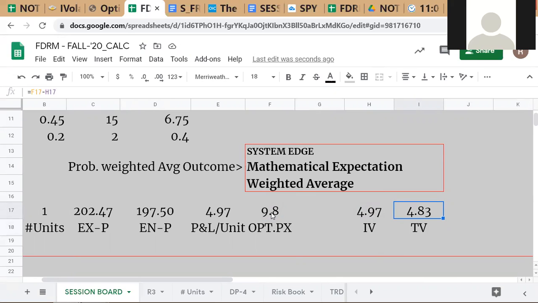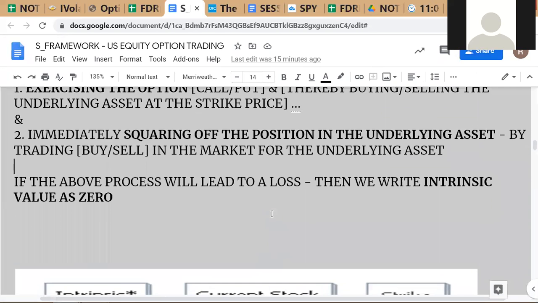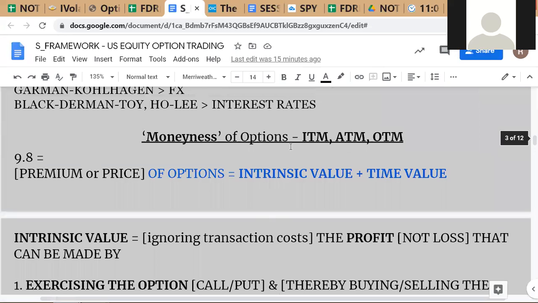So what we are learning in this module is the moneyness of options. One of the important concepts in that is how the option premium can be split up into IV and TV. The important concept here is IV, and I've given you the steps.